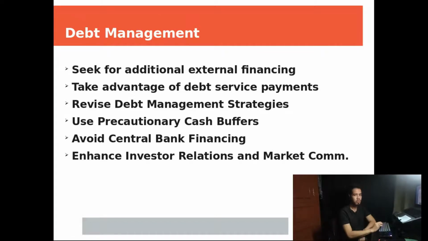With the cash buffers, you should be cautious because in these times, especially now that the economy is bouncing back from the problems caused by the pandemic, you should avoid spending on the wrong finances. Next is avoid central bank financing because this is the last resort for companies.